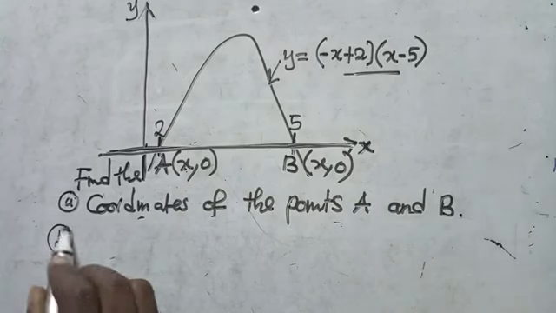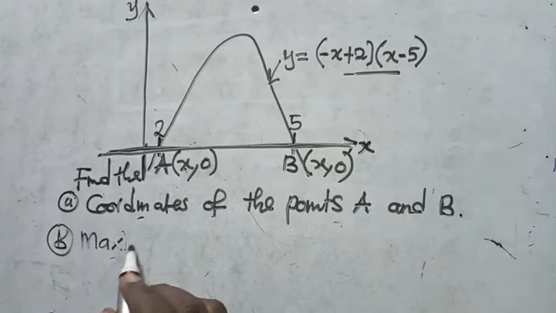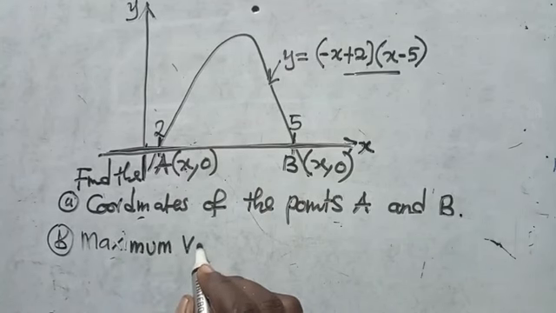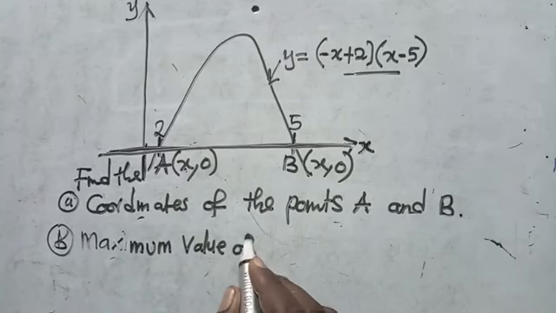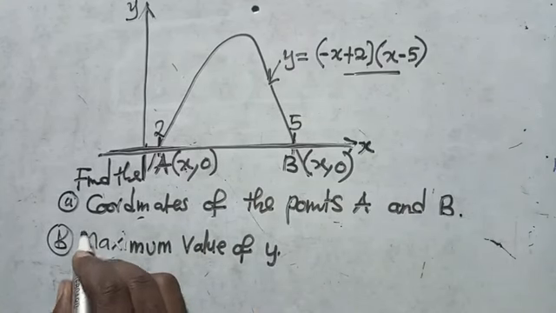So part B is saying that we are told to find the maximum value of y. How then do we find the maximum?